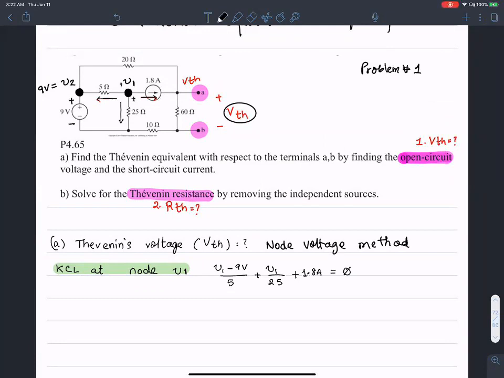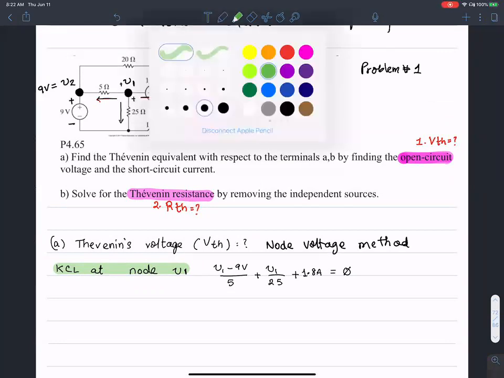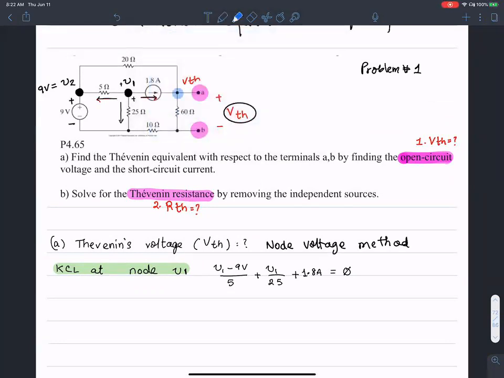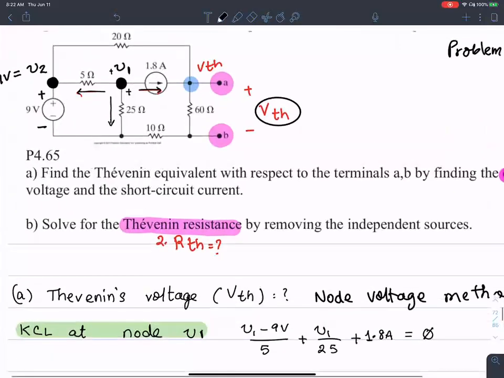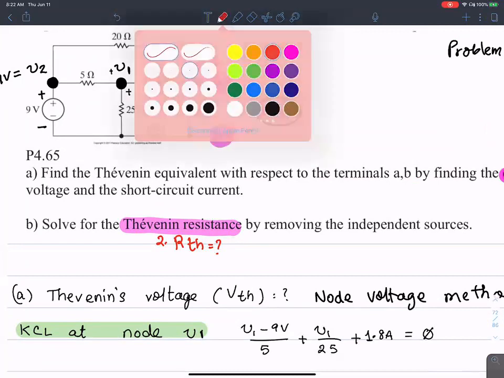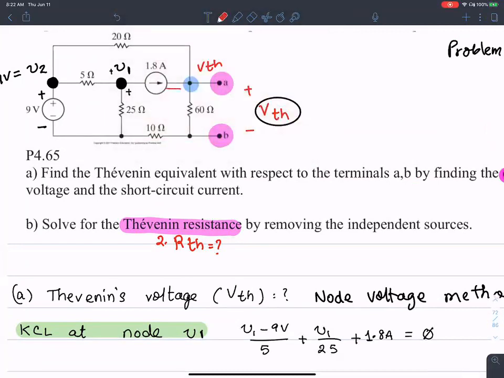Let's do another KCL at this node. Let me pick node VTH and do KCL at node VTH. That's this one. In the case of KCL at node VTH, I assume again that all the currents are leaving.